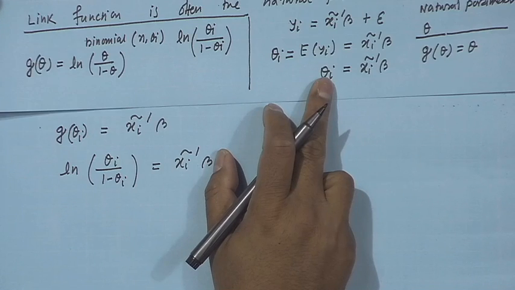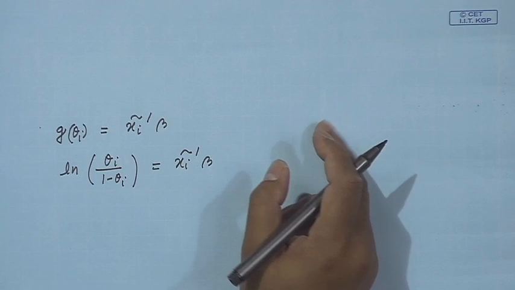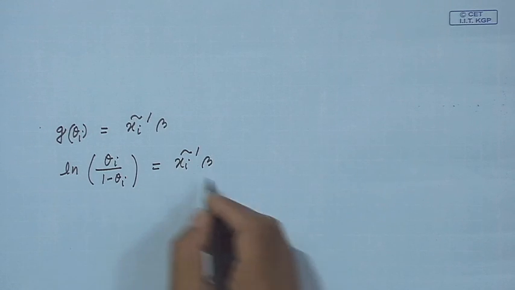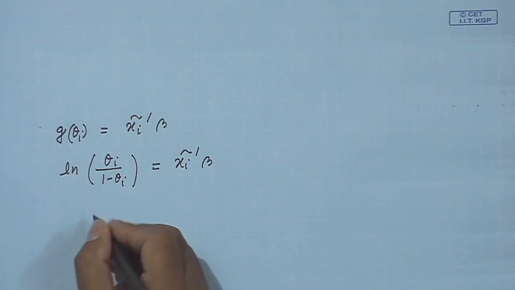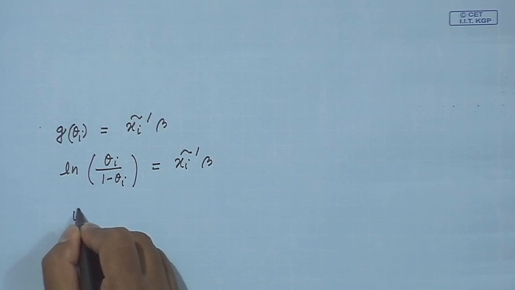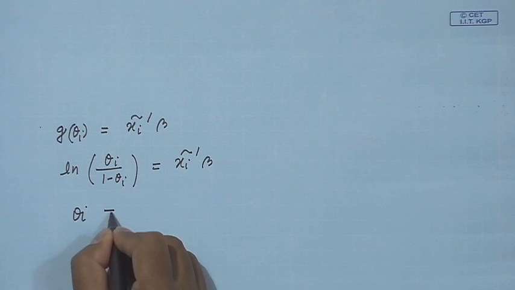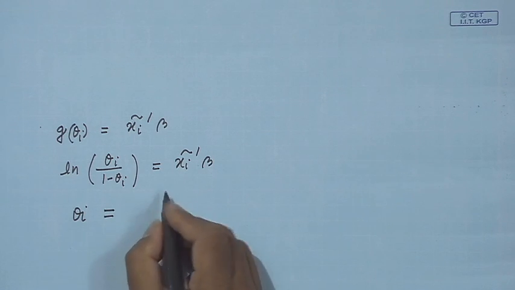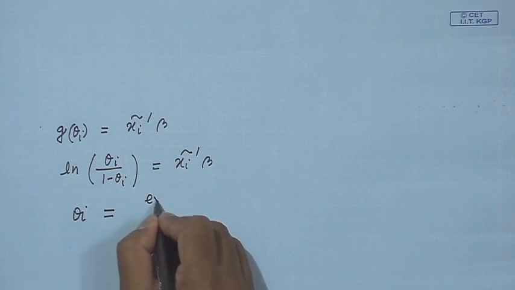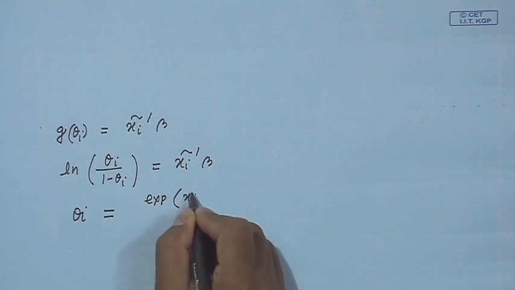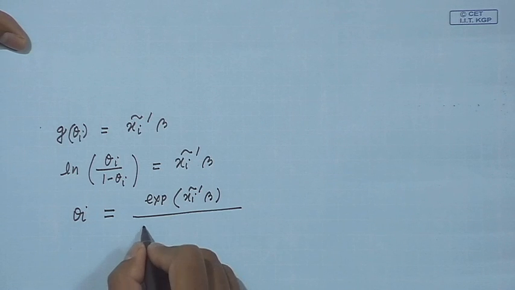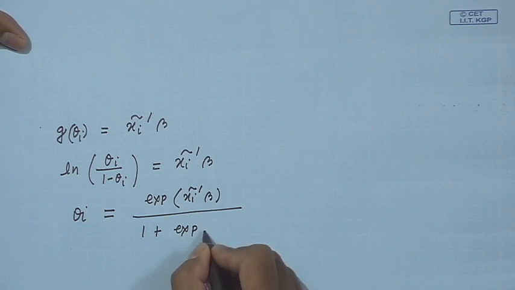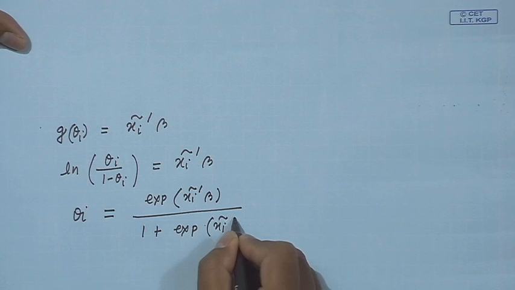Okay. So, here you can write this in the compact form also. Finally, the model is theta_i = exp(x_i' beta) / (1 + exp(x_i' beta)).